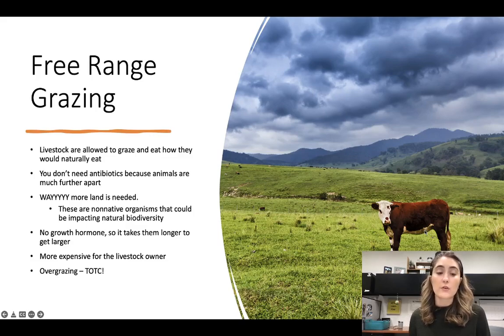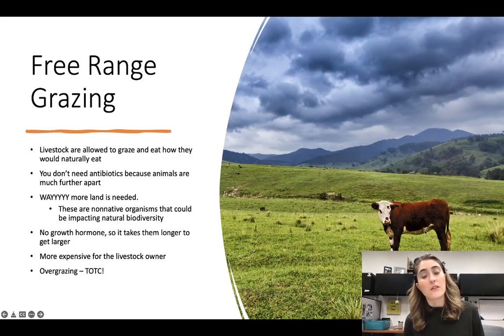So potentially overgrazing and all of the issues associated with overgrazing. So soil erosion, loss of biodiversity, increased amounts of runoff, decreased amounts of infiltration into soil, desertification, etc. So problematic as well.